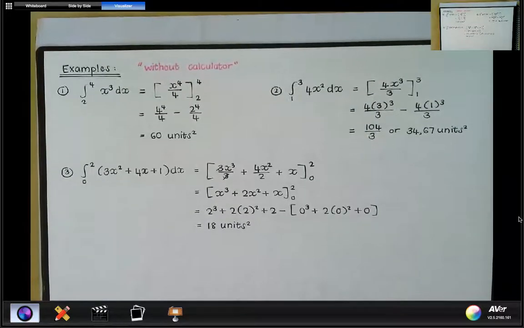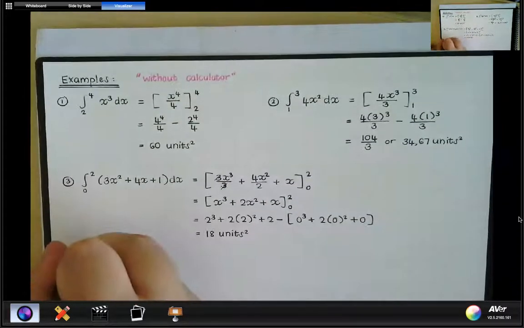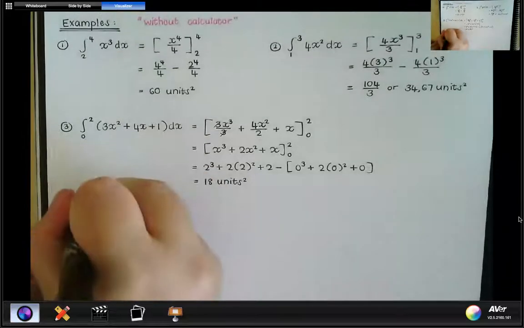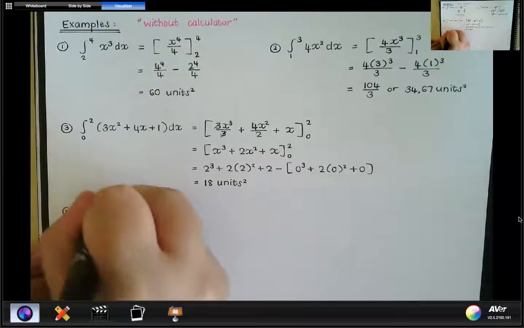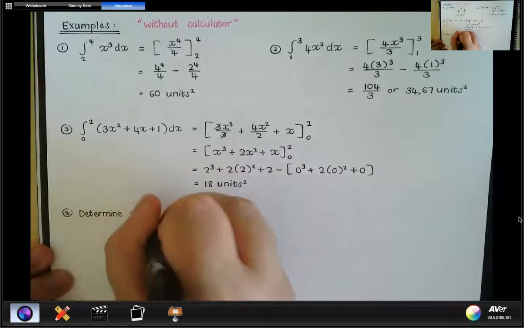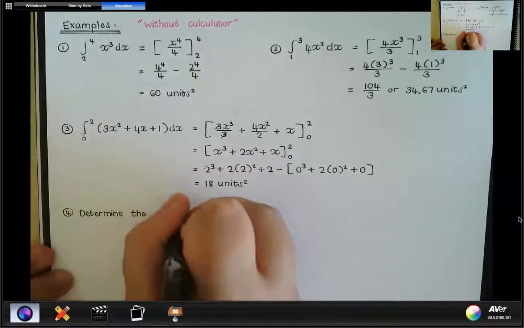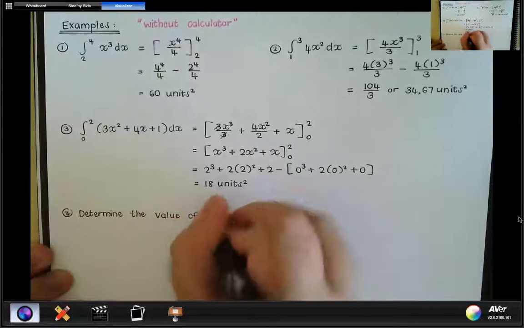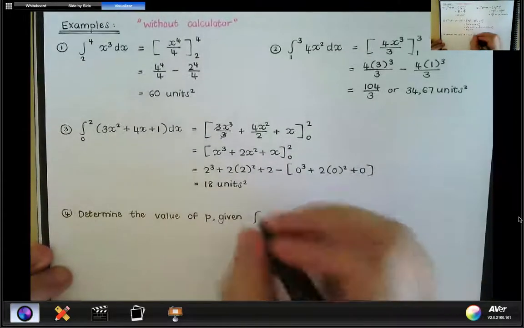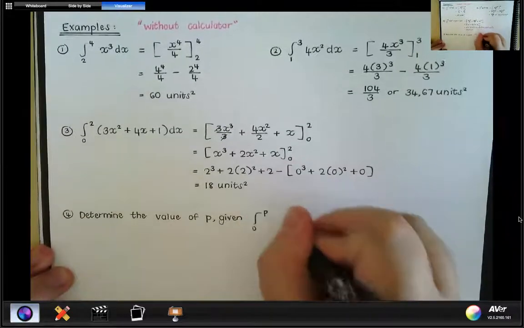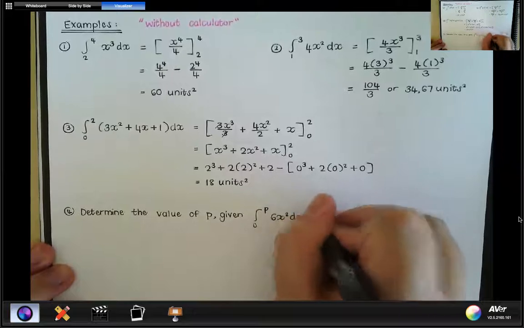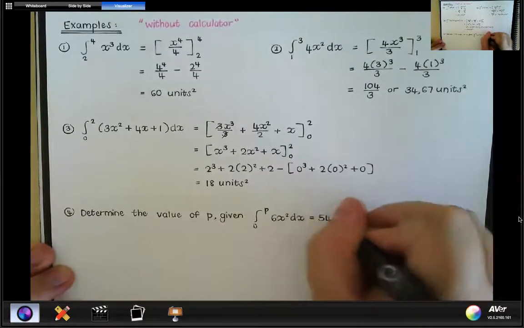Okay, I want to do one last question here, one last example where they flip it around a bit. So number 4, they ask you to determine the value of p given the integral from 0 to p of 6x squared dx is equal to 54.